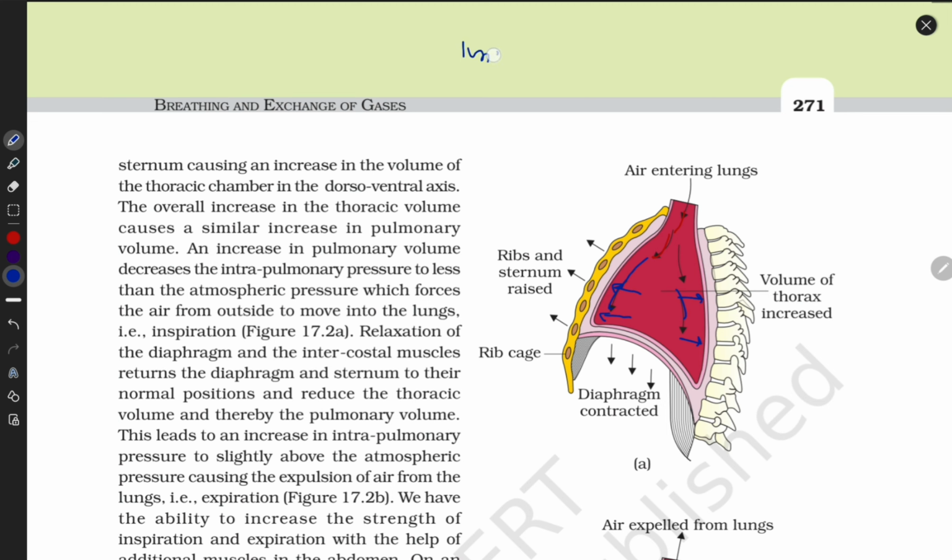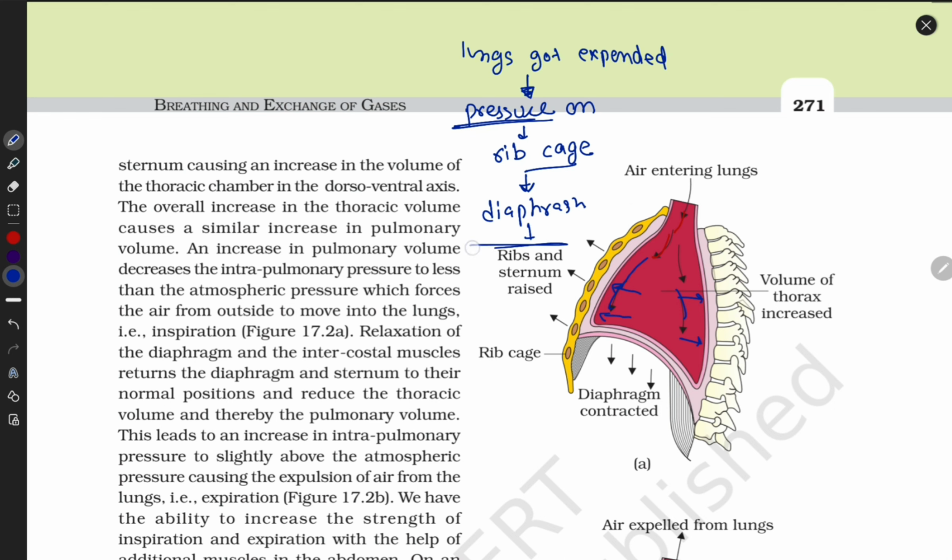I'm writing here: lungs got expanded, and our lungs put some pressure on our rib cage, so the rib cage extends. They produce pressure on our diaphragm, so the diaphragm gets flattened. This is the whole mechanism.